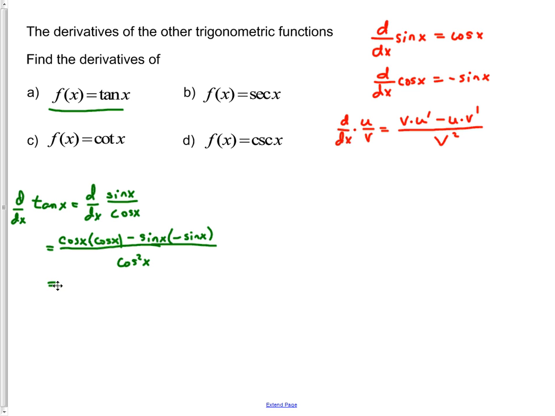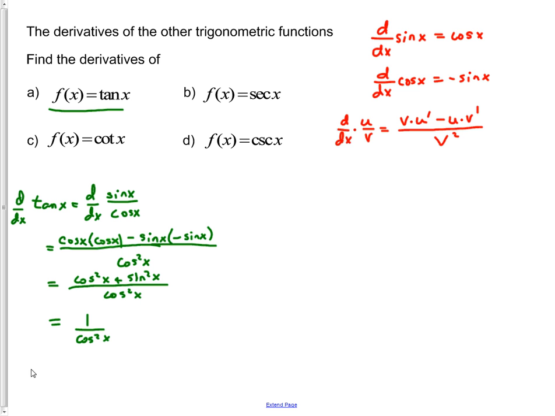So in this formula, we end up with cosine squared x plus sine squared x divided by the square of the cosine of x. And now I'm sure you're glad that you remember, at least I hope you remember, our Pythagorean identity, which states that we now have 1 over the square of the cosine of x.